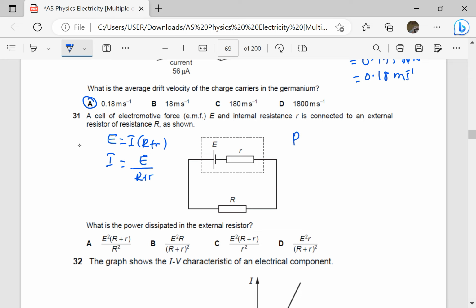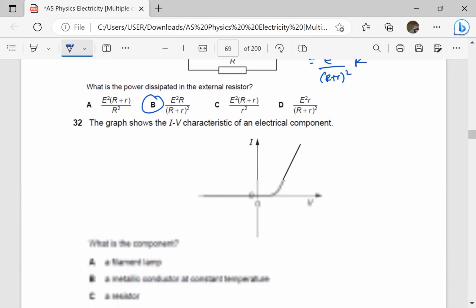But we know that power dissipated is equal to I squared times R. So this is going to be E over R plus small r, squared, times R, which is E squared over (R plus small r) squared times R. So our answer is going to be possibly B.